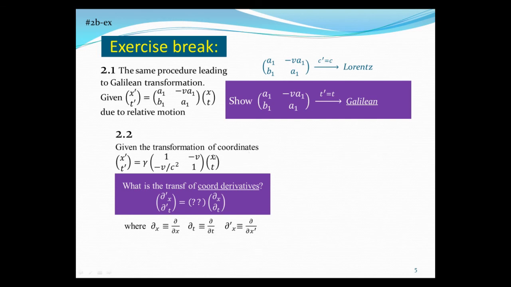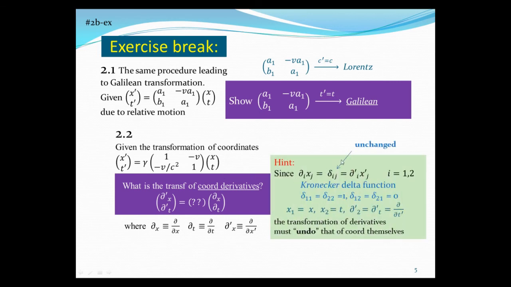And also, we've written down the transformation of the coordinates themselves, x and t. From this, you can also immediately figure out the transformation of the coordinate derivatives. When we write del x, meaning d/dx, and del t meaning d/dt, and so on and so forth, we ask what transformation relates the derivatives in the original frame to the new frame, knowing that the coordinate transformation is given by this Lorentz transformation. I'll give you a hint.